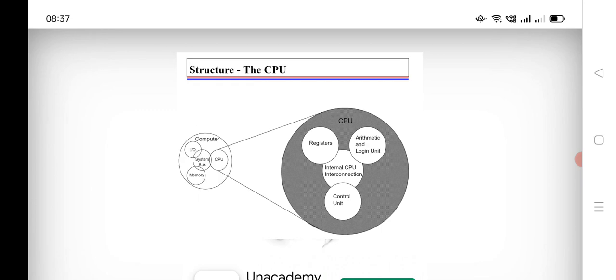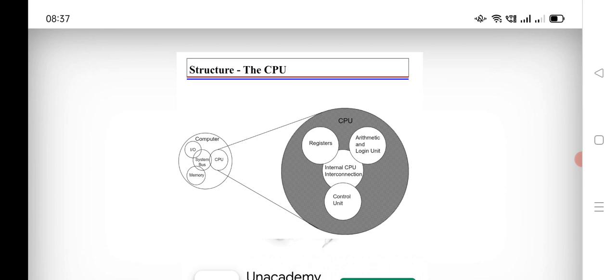This CPU again has different components. What are those different components in the CPU? Registers, the ALU, and the CU, the control unit. And again these are interconnected, internal CPU interconnections.